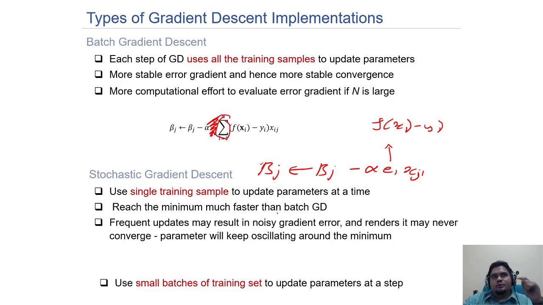Because you take one sample and update the beta, so the computational time is very small compared to waiting for 1000 samples to total up the error to update your beta. So the stepping process towards the minimum value is quite quick compared to batch gradient descent, where to complete one step you need to total up the errors. So that is what we have discussed here.